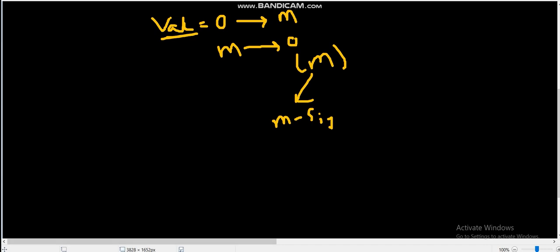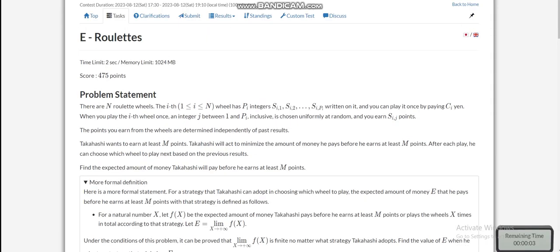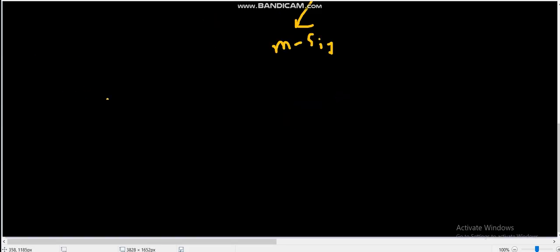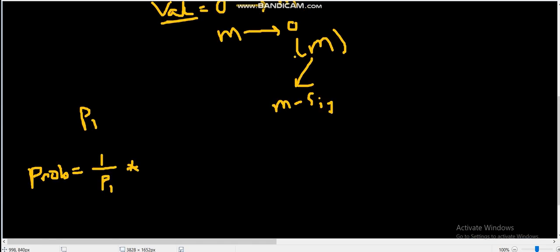Let's say we have chosen the first wheel. There are P_1 integers written on the first wheel, so the probability of choosing any one of the integers will be 1 by P_1. These are our recursion states. The first value I am taking is the number of points.